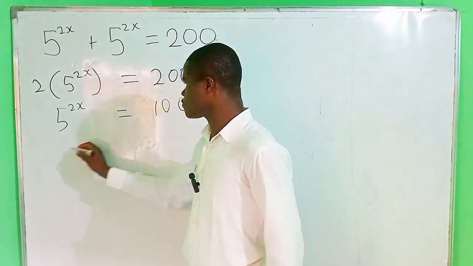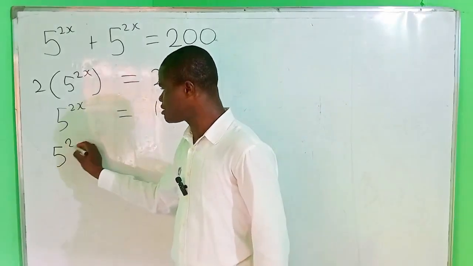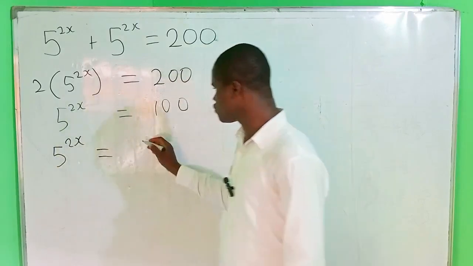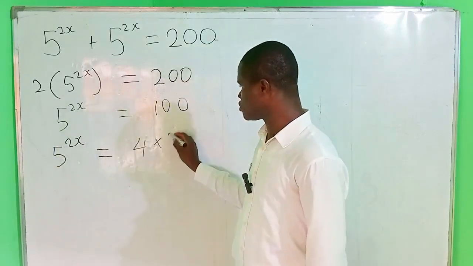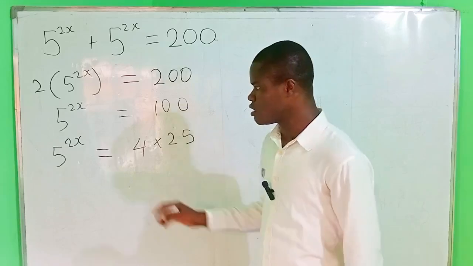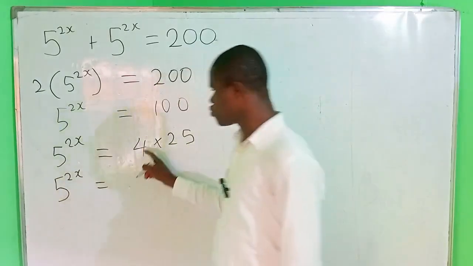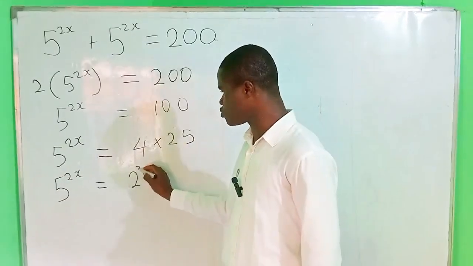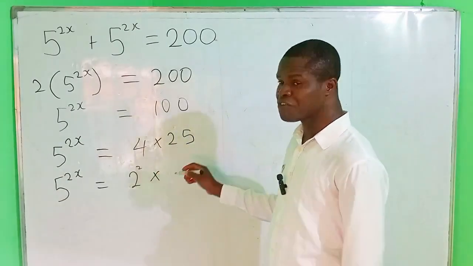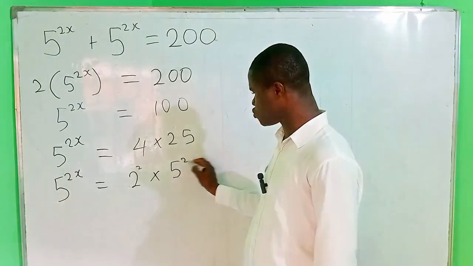So 5 raised to the power 2x is equal to 4 times 25, where 4 is 2 raised to the power 2 and 25 is 5 raised to the power 2.